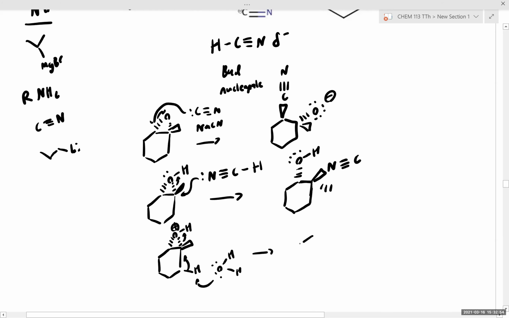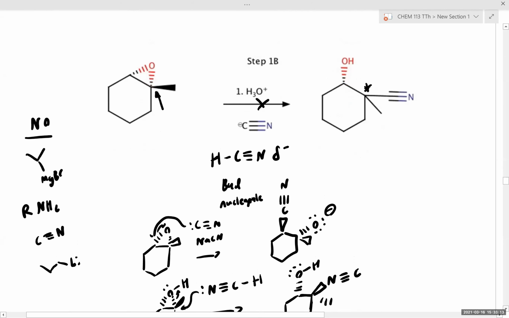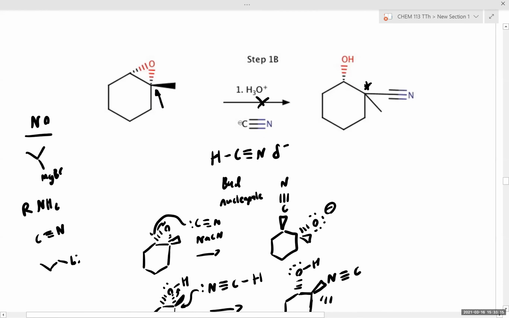So generally, if you have an ineffective nucleophile under acidic conditions, then it's difficult to open up an epoxide. Yes, we're going to show the next step for the Dess-Martin periodinane oxidation in a moment. So does this part make sense to everyone?